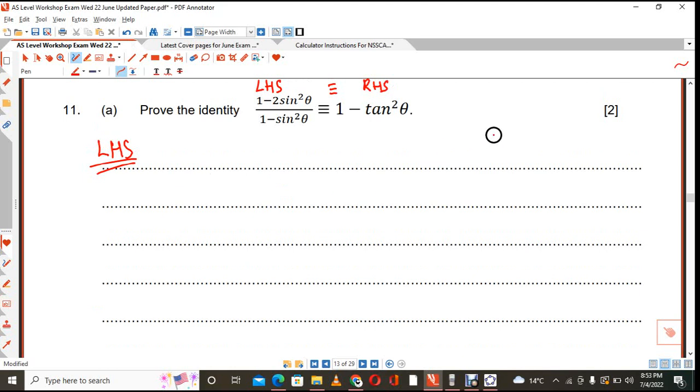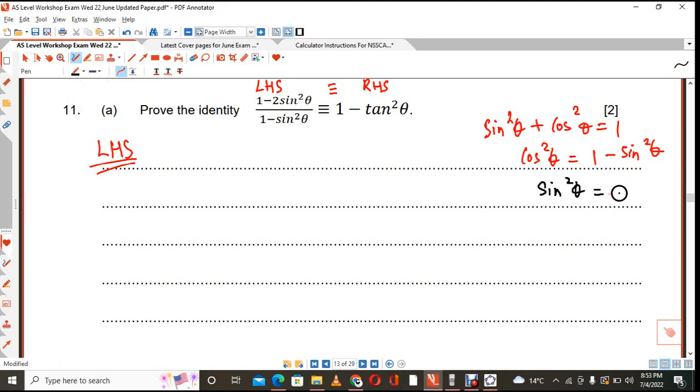Now, I hope you're familiar with the Pythagorean square identity that says sin square theta plus cos square theta is equal to 1. And if you were to make cos square theta the subject, you get 1 minus sin square theta. If you were to make sin square theta the subject, then it's 1 minus cos square theta.